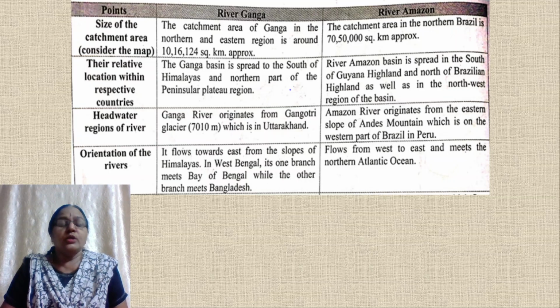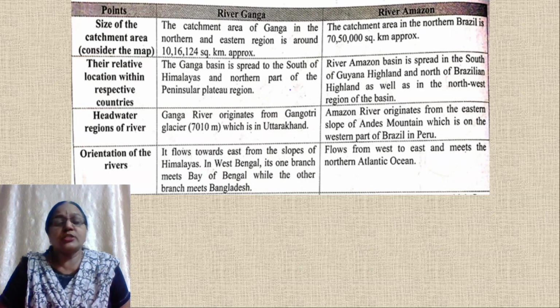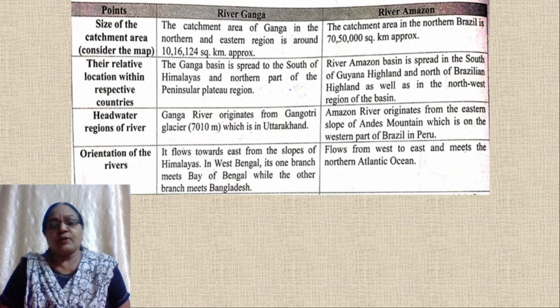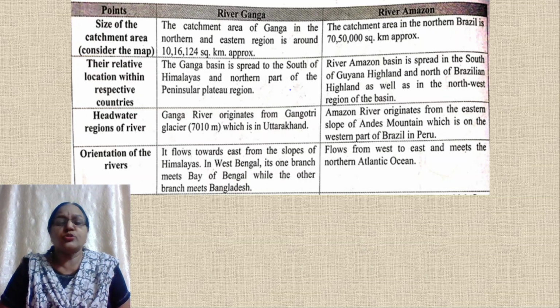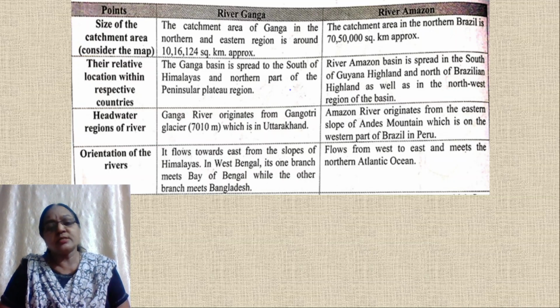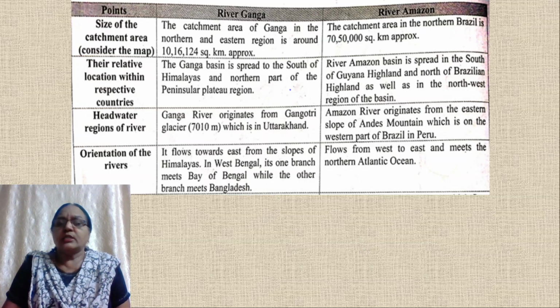Now their relative location, where is it? In India we find the Ganga is spread to the southern region of the Himalayas and towards the northern part of the peninsular region. What about the river Amazon?